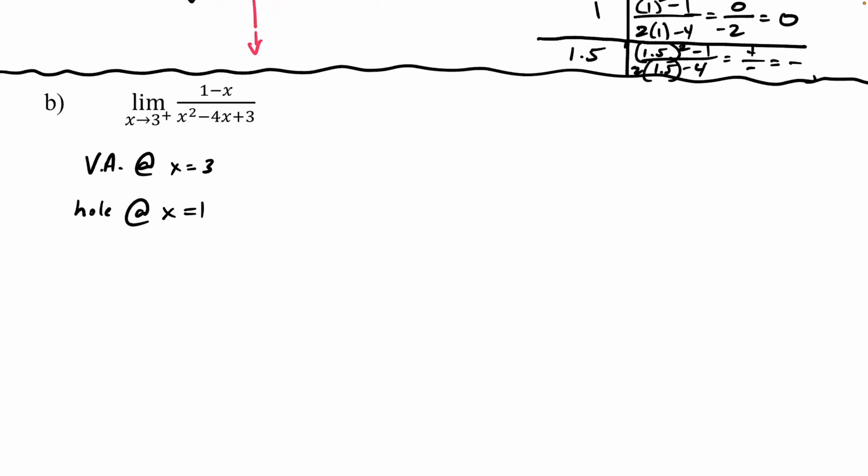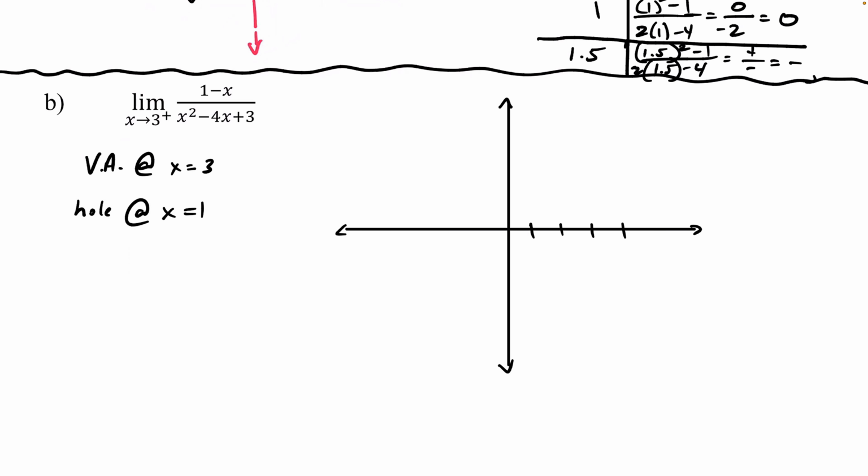Okay, vertical asymptote. So let's draw that. Anytime we have a vertical asymptote, always draw yourself a picture. It's the easiest way to do it. So at positive 3, there's a vertical asymptote. 1, 2, 3, 4, 5. There's a hole at 1, but I'm not really concerned about 1 because that's not the limiting factor.